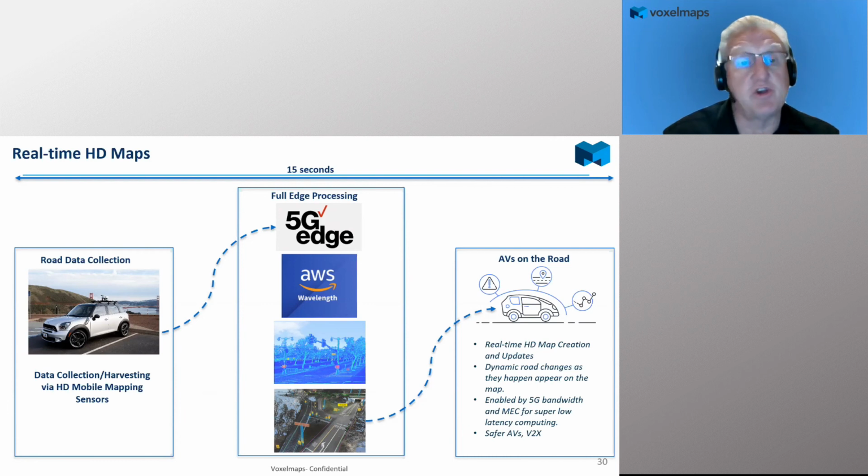sort of a 5G bandwidth capability from Verizon. So we had a Wi-Fi antenna on the collection device. We're able to collect the data and do some initial processing on the sensor, 5G the data across the Verizon network to the AWS Wavelength instance, process that data. And again, this particular data, we were only processing the LiDAR data because of the real heavy footprint of the image data.